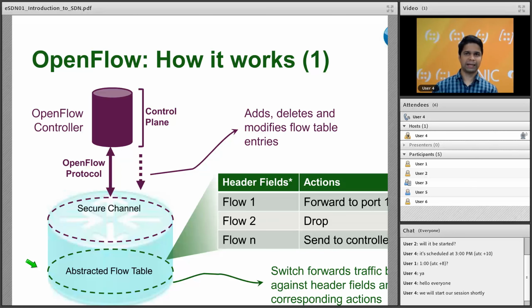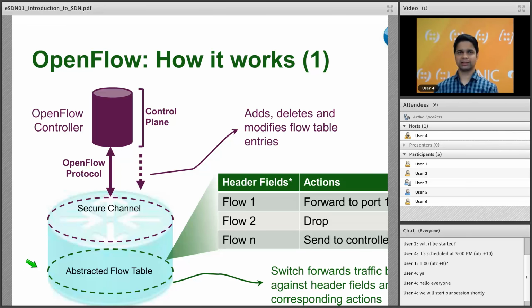Flows are added as packets for new flows are detected. The proactive approach is where flows are based on advanced knowledge, so the controller basically pushes all those flows before any packet forwarding starts. Or we could have a hybrid of reactive and proactive.